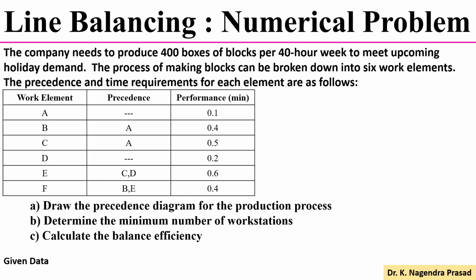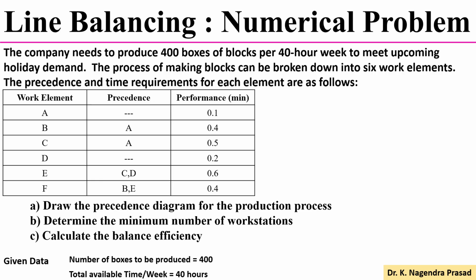So in the data, it is given the company needs to produce 400 boxes of blocks per 40-hour week to meet upcoming holiday demand. So here the number of boxes to be produced is 400 units, and also given the total availability time.